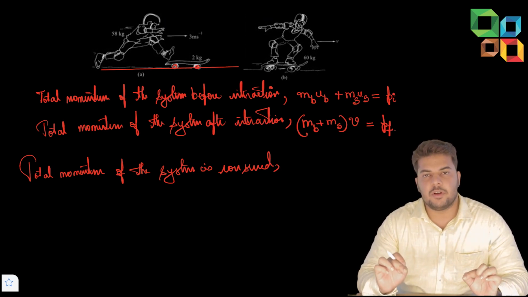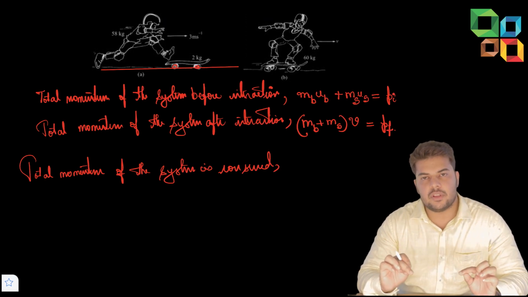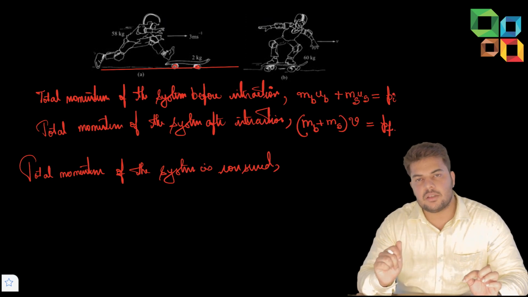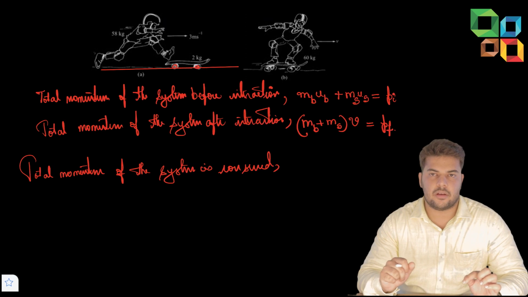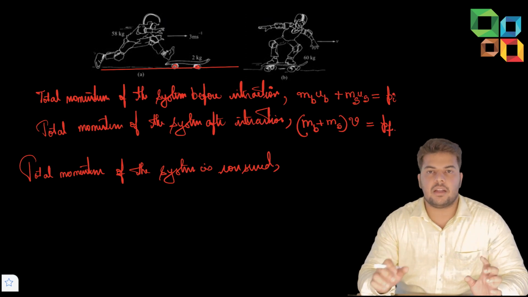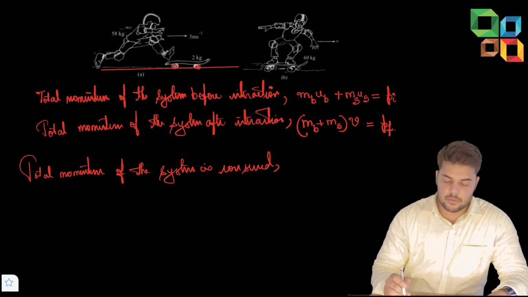Even if there is a small frictional force, because the wheels are rotating, we can neglect it. So we are working under the assumption that there is no friction, and the total momentum of the system is conserved.